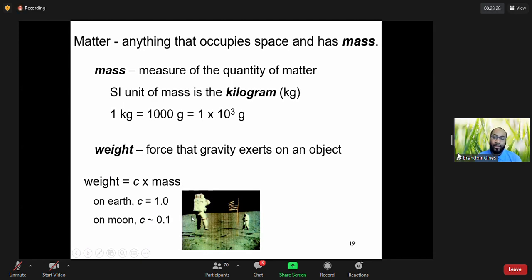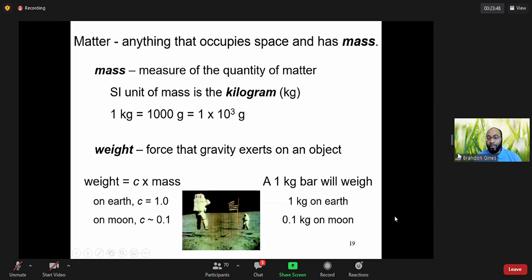However, the astronaut's mass hasn't changed. The amount of matter hasn't changed, but in terms of weight, it has. Just as an example, a 1 kilogram bar will weigh 1 kilogram on Earth, but it'll weigh 0.1 kilogram on the moon.